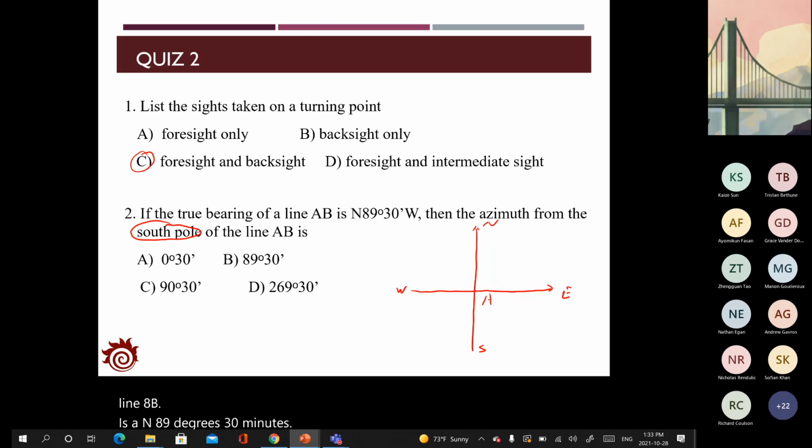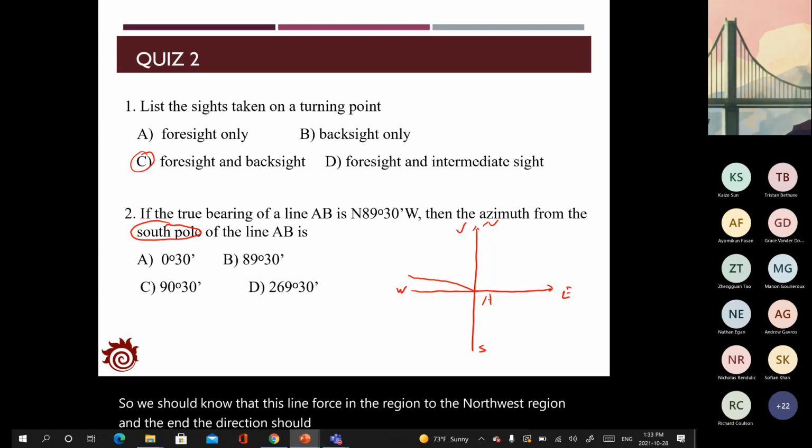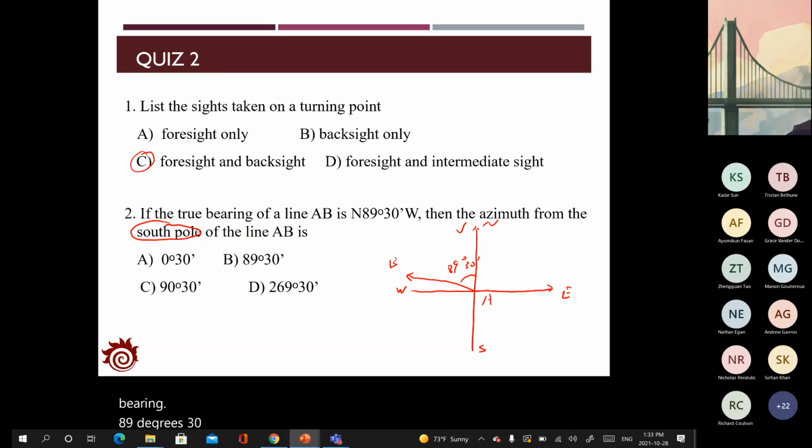So we should know that this line falls in the northwest region, and the direction should be something like this, A to B, and this is the bearing 89 degrees 30 minutes. But the problem wants us to find the azimuth from the south pole.